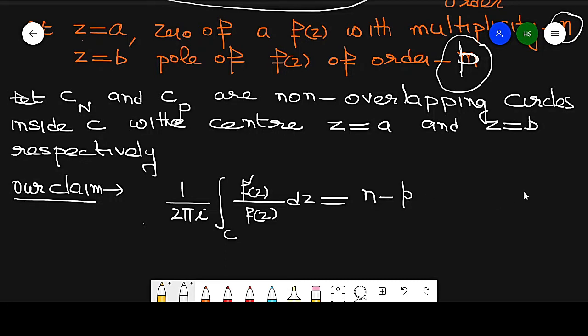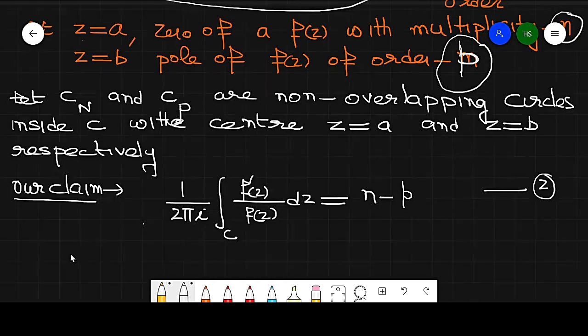This is for one pole and one zero. It may be extended to any finite number of zeros and finite number of poles.